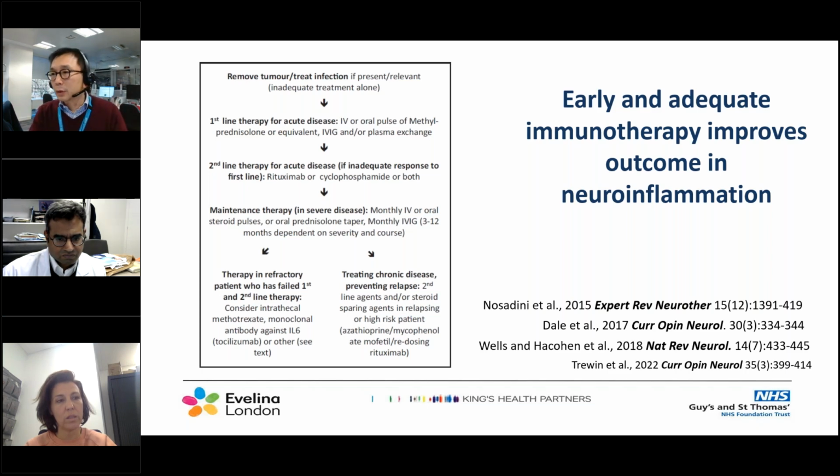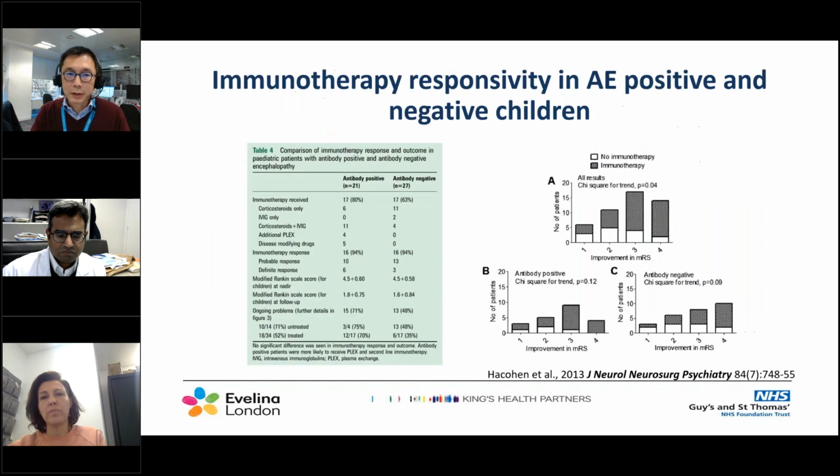And then if you're refractory to treatment, what else do you go to? That's totally an area that's devoid of any evidence at all, other than rational based treatment rather than evidence based treatment. And some of the early literature had suggested that immunotherapy responsivity is seen both in AE positive and AE negative children as well.